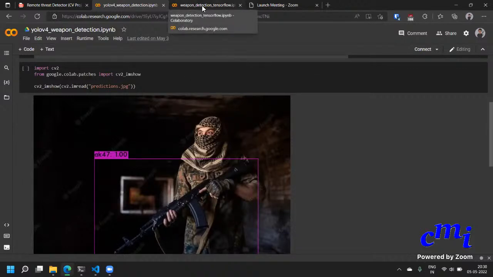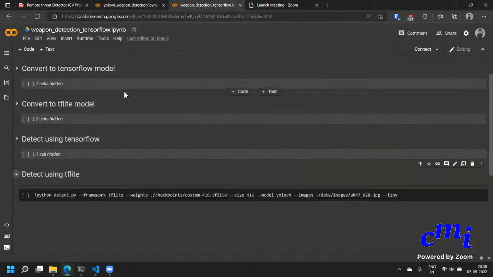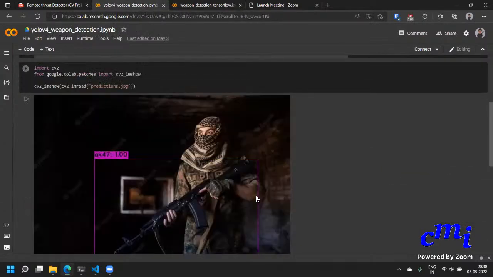So basically TF Lite is for porting this model over to mobile devices and stuff. So that can be one future scope of this project.